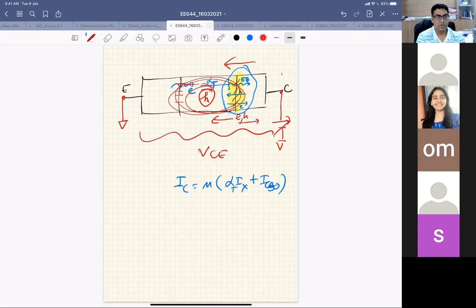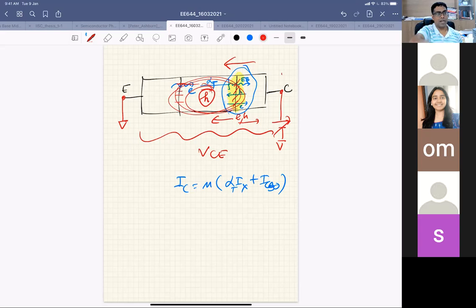Because when the base is open, holes are accumulated. When we're talking about emitter open, these holes are injected and holes are being collected at the base contact, so there is no way holes are staying in the base. But here holes are staying in the base for some time.